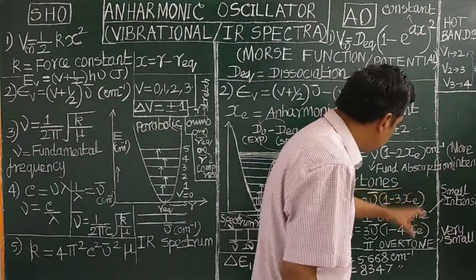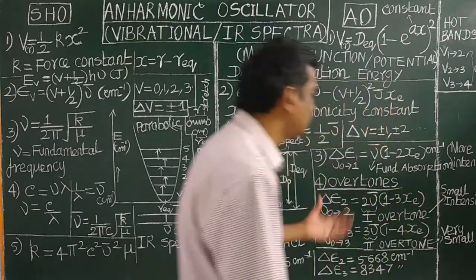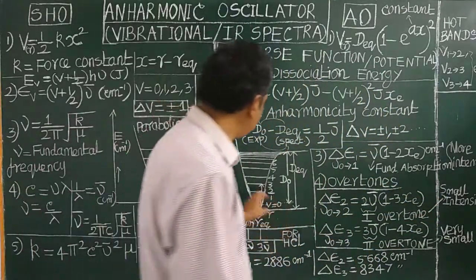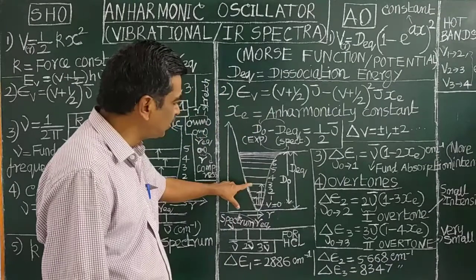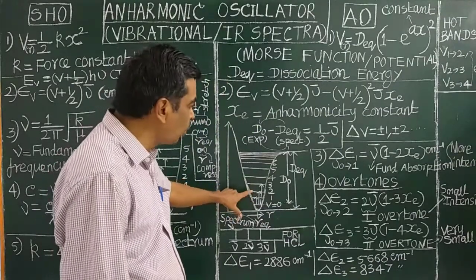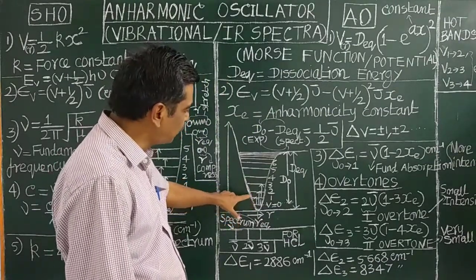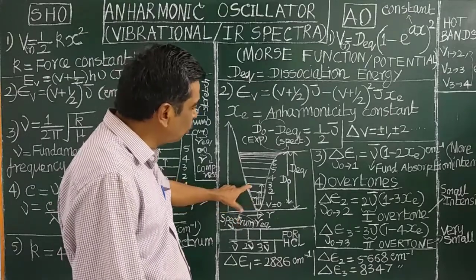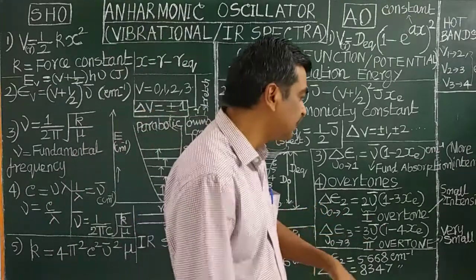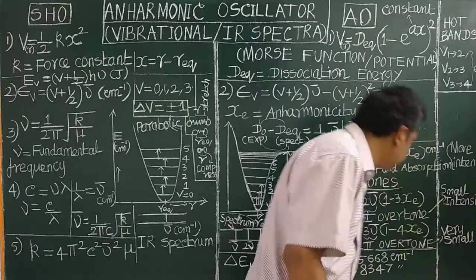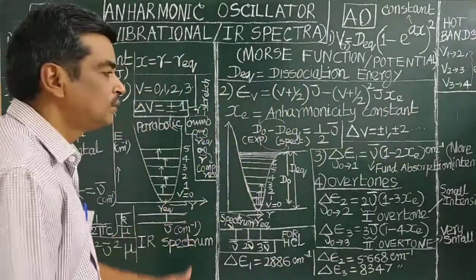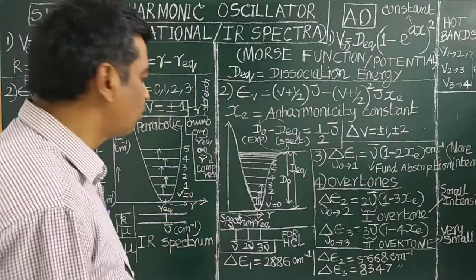They have small intensity because the probability of transition from 0 to 1 is higher, while the probability for 0 to 2, 0 to 3 is decreasing. Therefore, the intensity decreases with increasing overtone number.